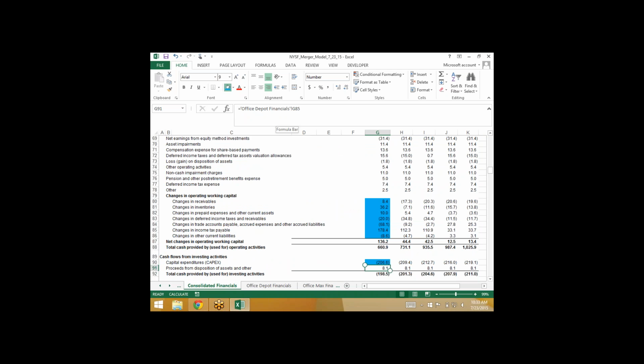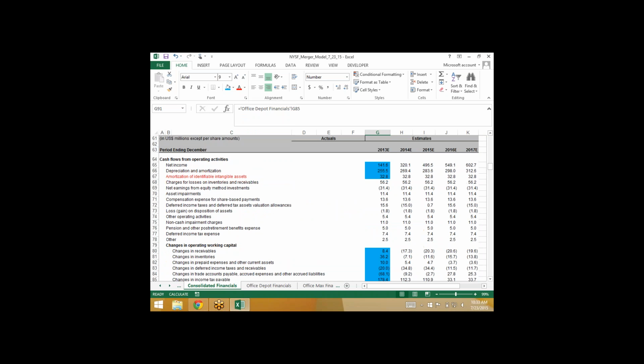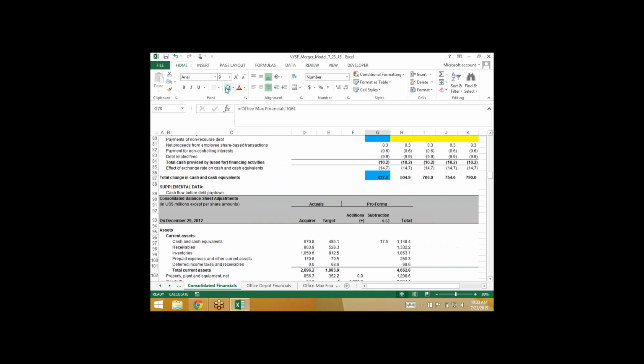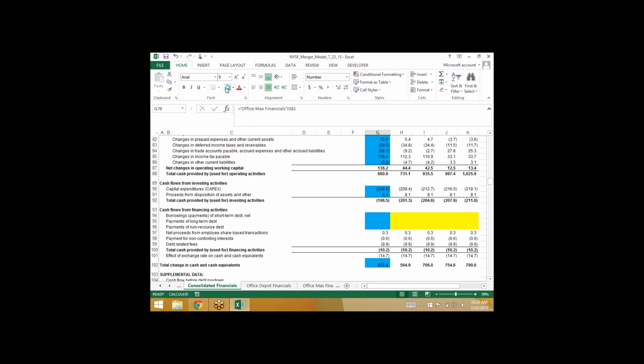So I'm done with the investing activities. I've used the impairments and the gains losses. Okay. What else do we have here?